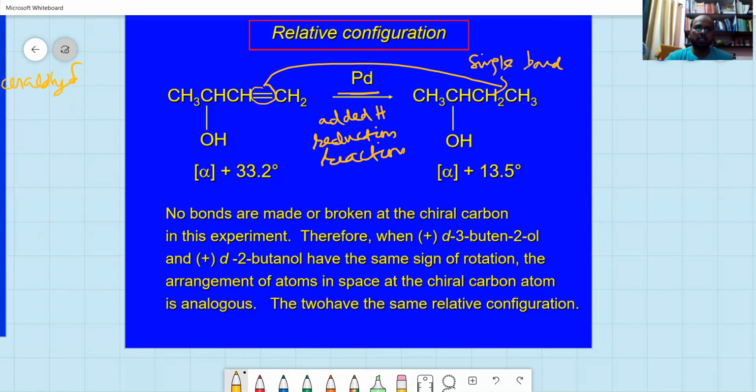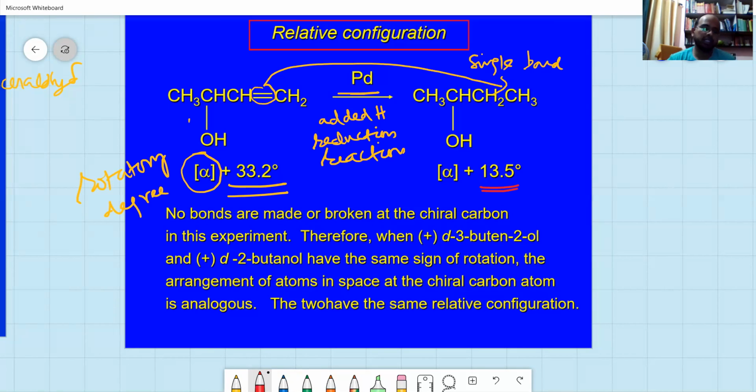So why this example is given is that this particular molecule has a rotation of about plus 33.2, whereas this one has a plus 13.5.